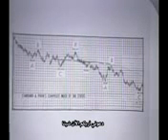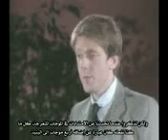Now let me just show you, we looked at extensions in impulse waves. Well, there are extensions in corrective patterns as well. We start with a simple zigzag, ABC. Now remember when we talked about extensions in impulse waves, all we were really doing was adding 4 waves to the structure.